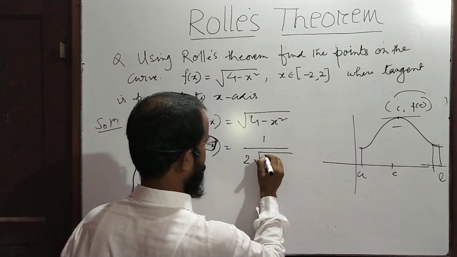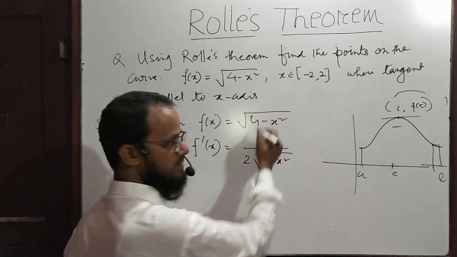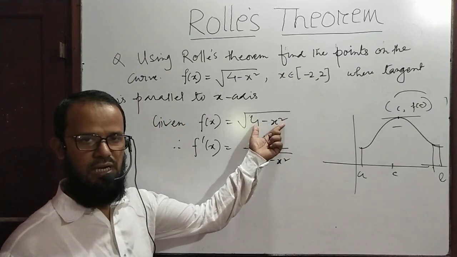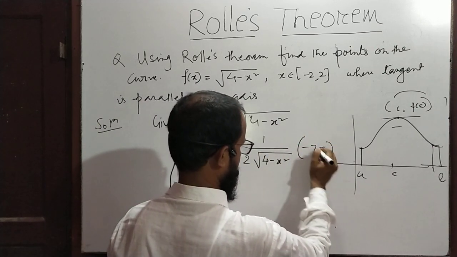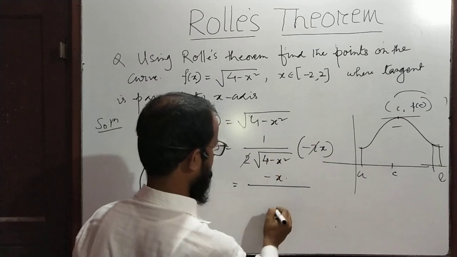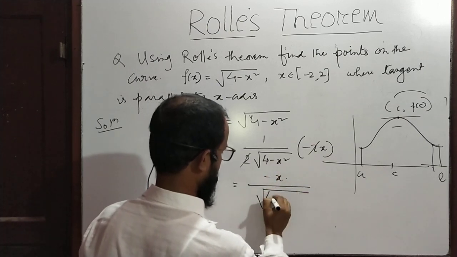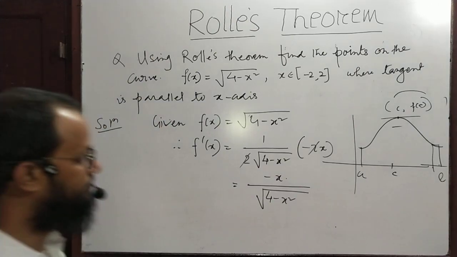So it will be this type. Using chain rule, since this is not your x, again derivative of this part will be minus 2x. The 2 cancels, it will be minus x by root over 4 minus x square. Okay.